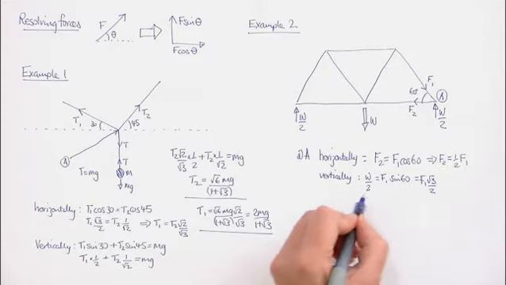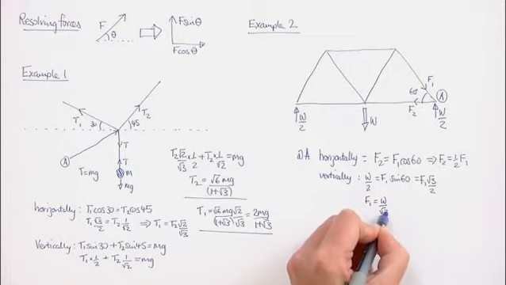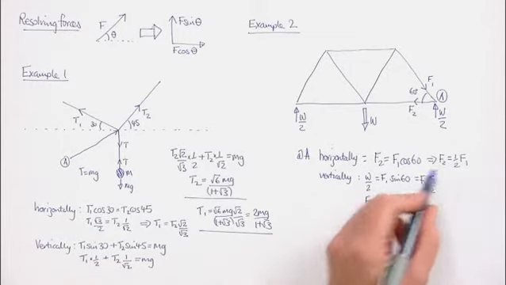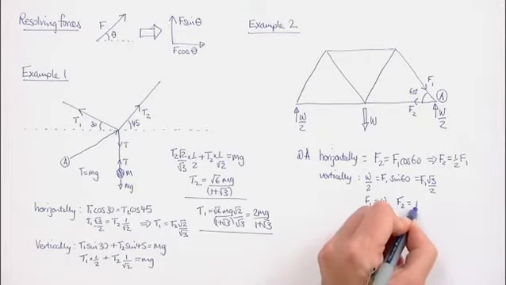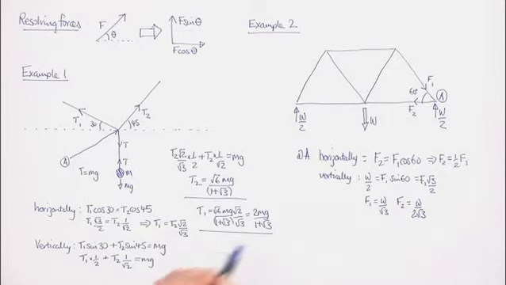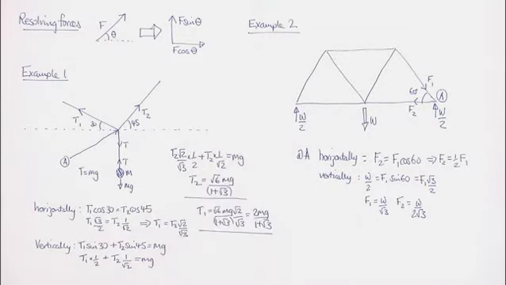So that means that F1 is equal to W over root 3, and so F2 must be equal to W over 2 root 3. And we can continue doing this, working our way round the rest of the framework.